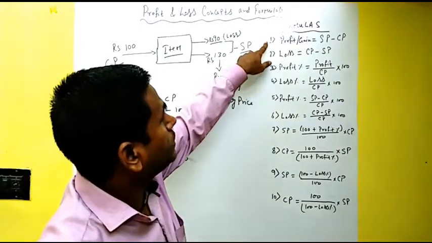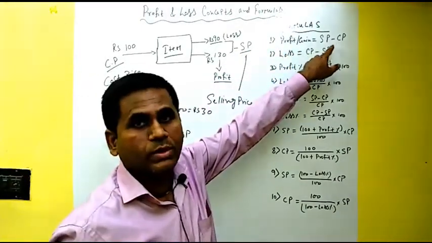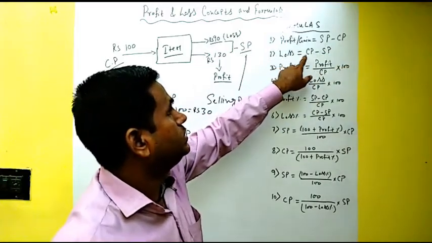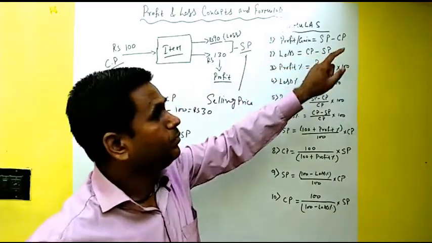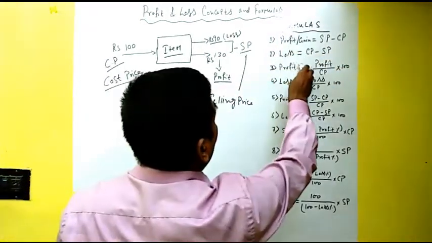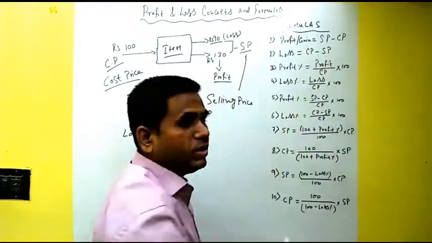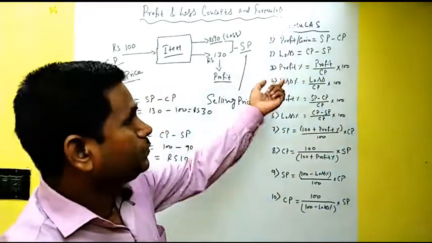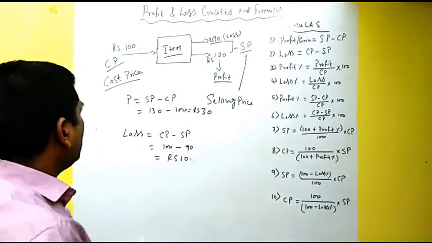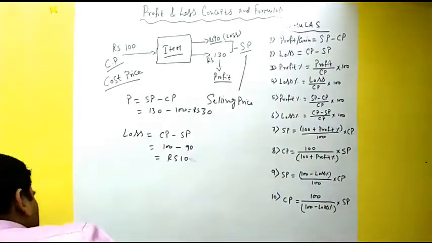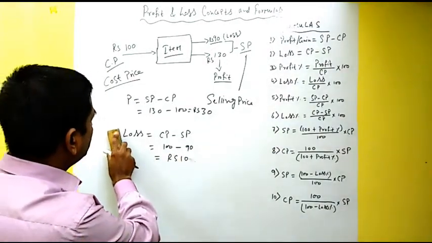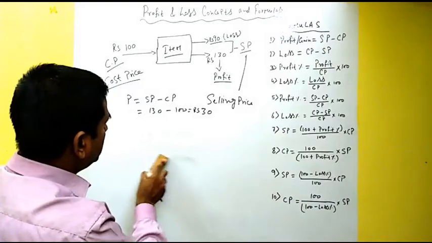So you know the first formula: profit or gain is equal to SP minus CP and loss is equal to CP minus SP. Here in this formula, if any one quantity is missing, we can calculate it using that formula. For example, let's assume this second situation.